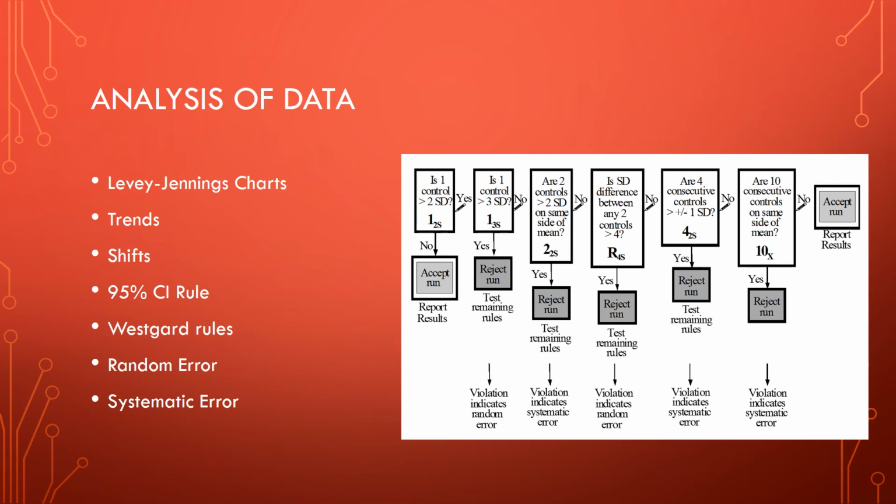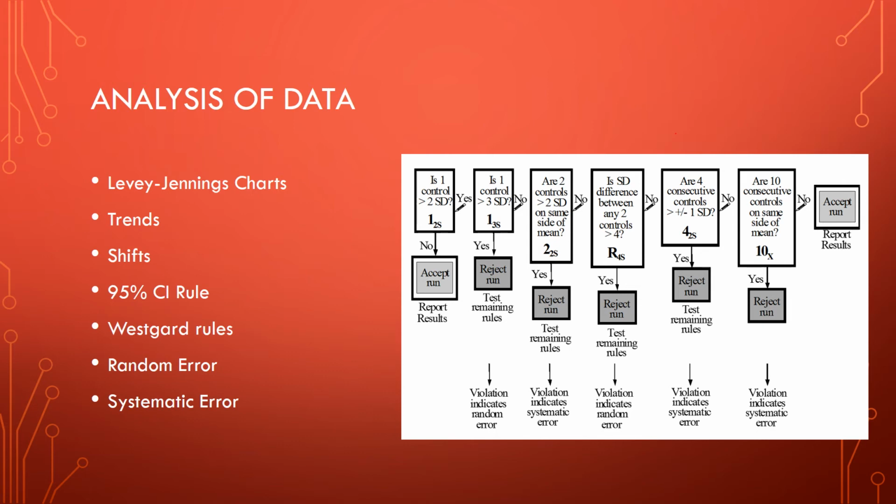Okay, and so this chart that we see here gives you a schematic to determine: can I accept the run, or do I have to retest something? The very first thing you're going to do is ask, did your control material work?